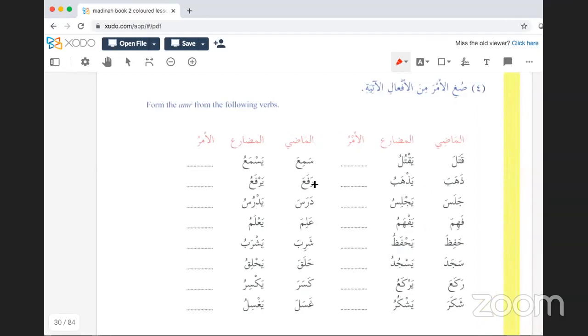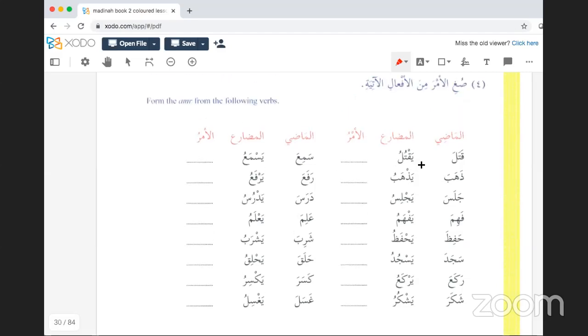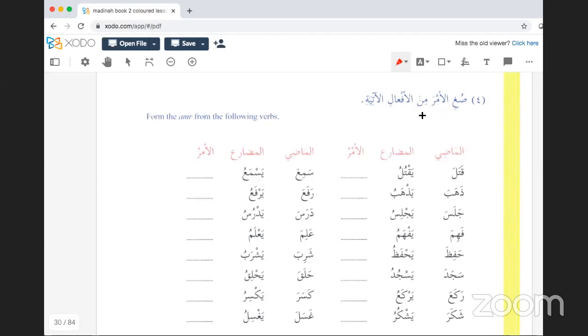This was the one where they gave you the فعل الماضي and they gave you the فعل المضارع, and your job was to write down the فعل أمر. So الدرس الخامس عشر, what it basically introduces, it introduces this lam alif, la.